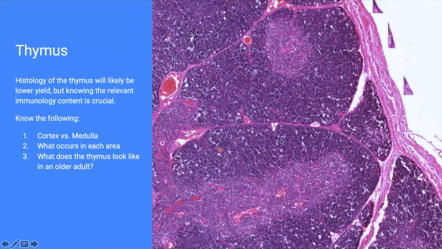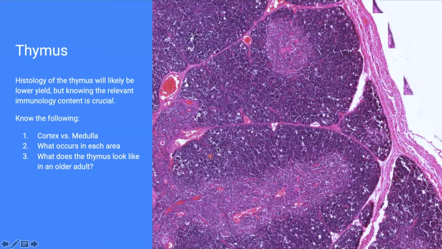Studying more immunologic functions of the thymus, I think that is high yield. So know what portions occur in the cortex and what occurs in the medulla. And then finally, you should know what a thymus looks like as we increase in age. This portion here involutes and is replaced by a great deal of adipose tissue.